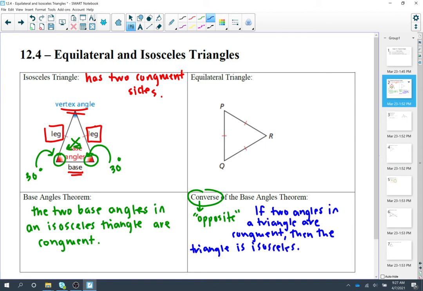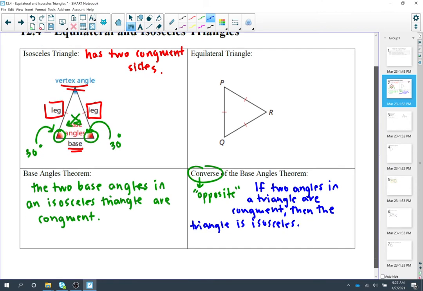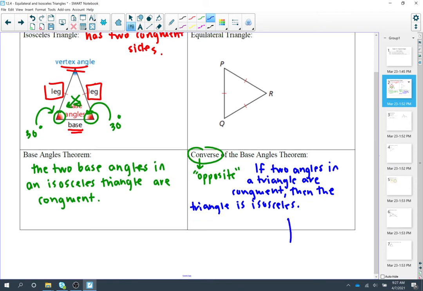So if you're looking at a triangle, an example of this could be a triangle, and I tell you that this angle is 45 degrees, and I tell you that this angle is 45 degrees. Well, from there, we could conclude what the third angle is, but it is different, so only two angles are congruent. Then I can say, oh, this is an isosceles triangle, and these two sides are going to be congruent.